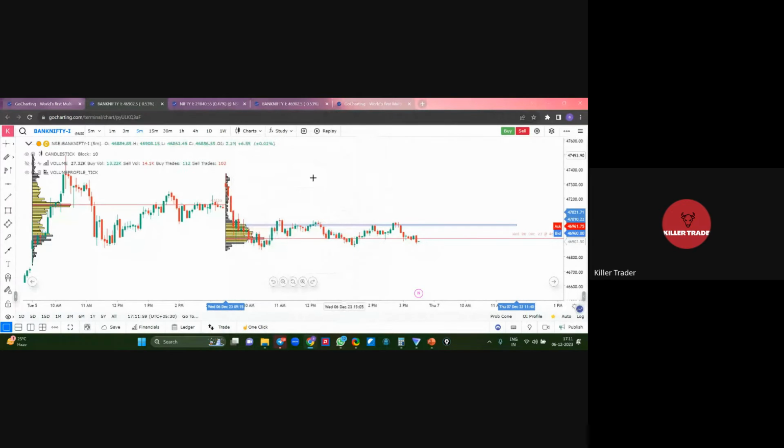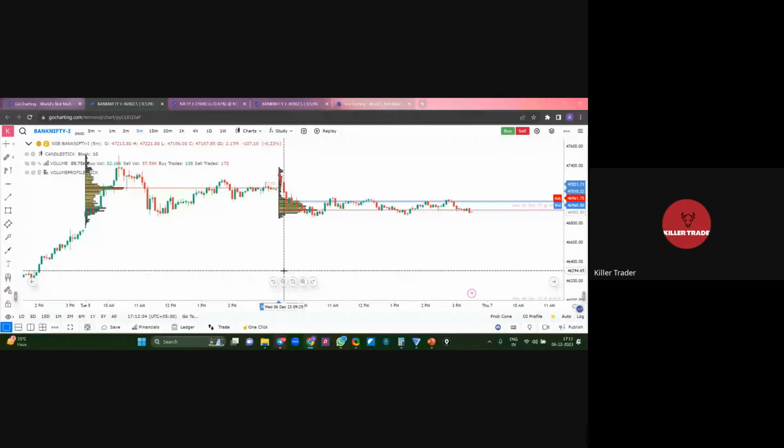So you understood what is a volume profile, what does a volume profile show. Now, the market opens at 9:15 and closes at 3:30. Do you think the volumes will remain the same throughout the day? No, they don't.